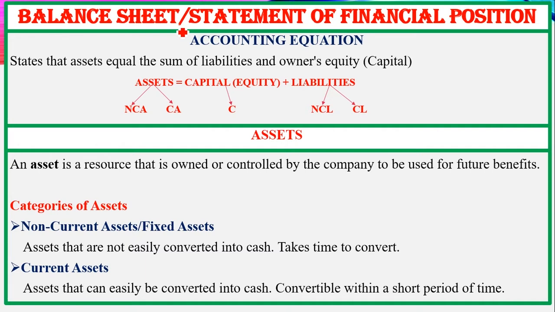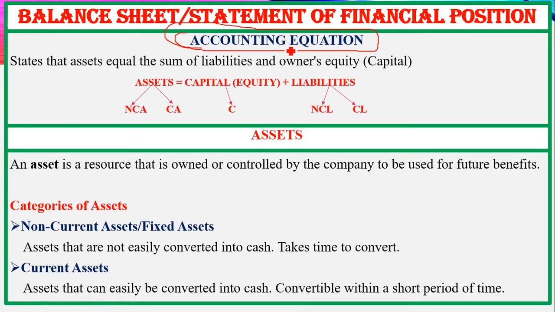For example, if we say this is the balance sheet as at 31st, it means as at 31st, our position as the organization is as per the balance sheet that is presented. For you to be able to prepare a balance sheet, you must understand the accounting equation.